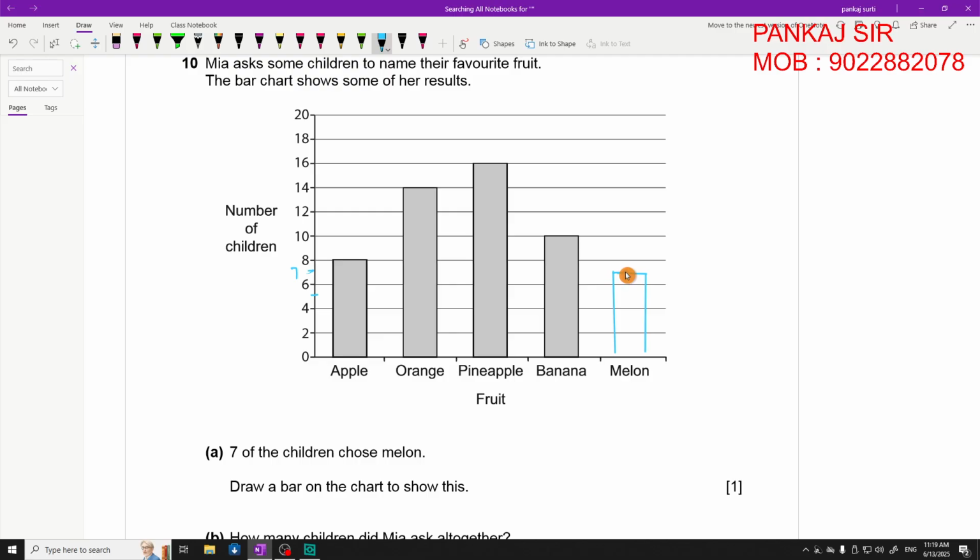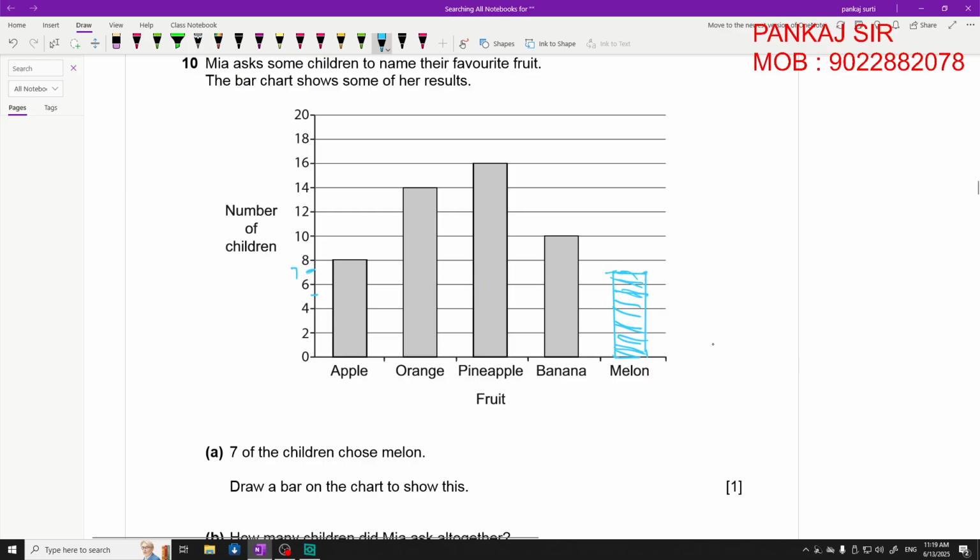So this is exactly between 6 and 8. And this you can shade. So this is the rectangular bar which is representing melon. So 7 of the children chose melon. Draw a bar on the chart to show this. So this is that bar, which is representing 7 children, right? So this is 7.